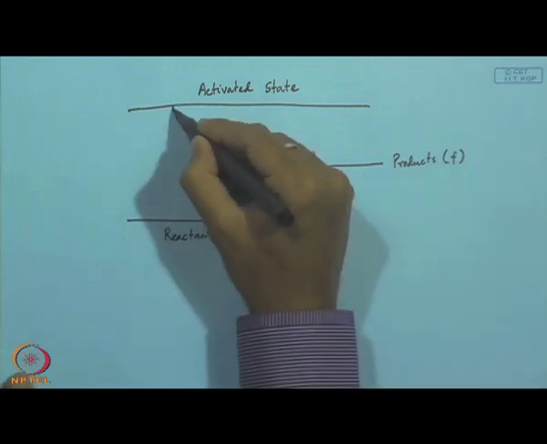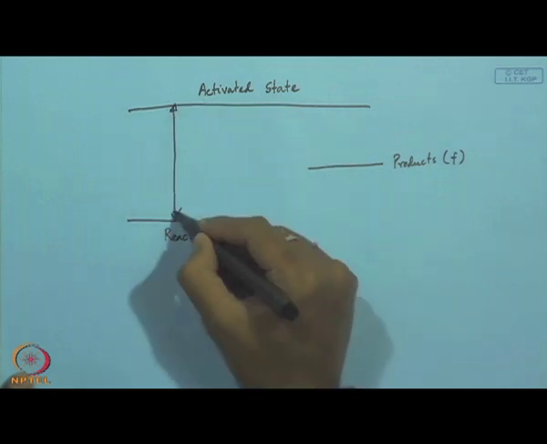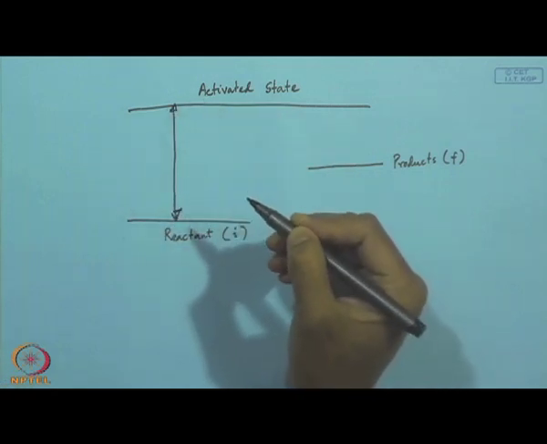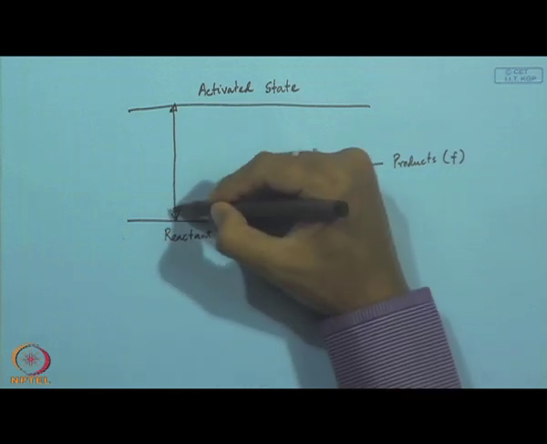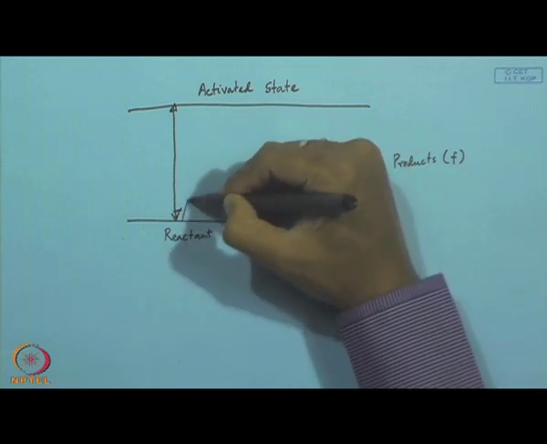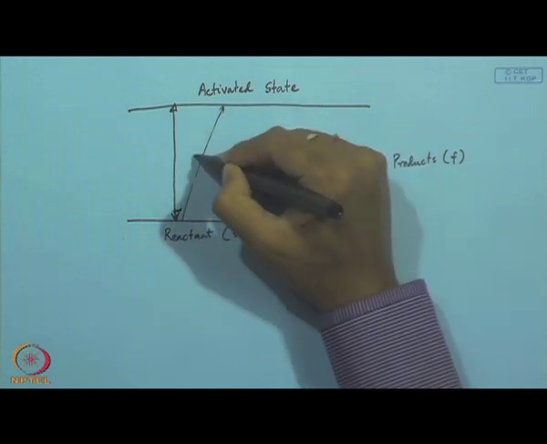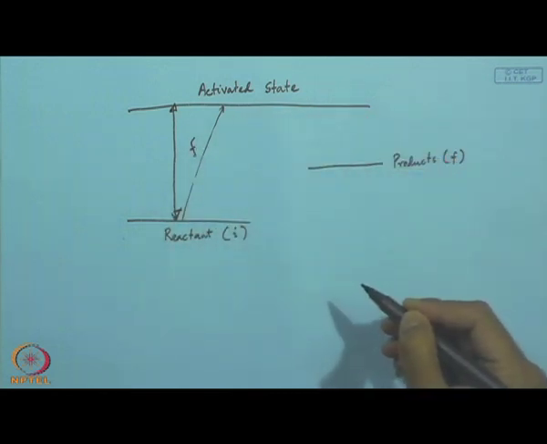Okay. So, the difference in energy of these two is called the activation energy for transformation from reactant to activated state. So, it is the forward process, forward activation energy.